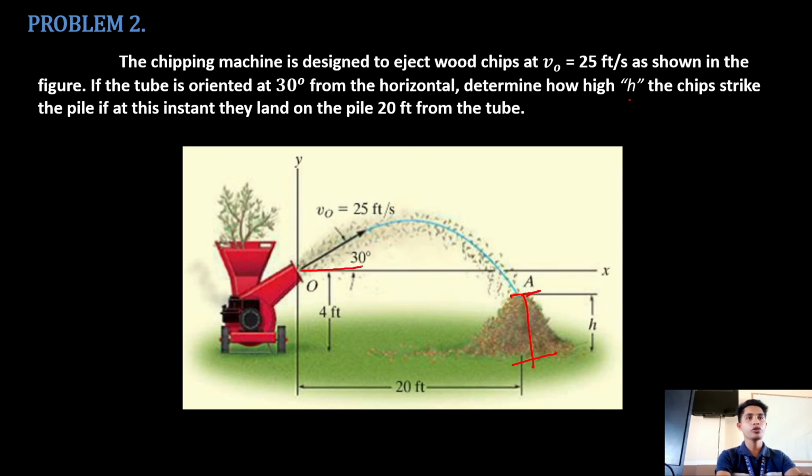Kailangan natin makompute yung kanyang horizontal component at vertical component, using trigonometry. Ito ay 25 cosine 30 and this 25 sine 30. Nilagay ko na dyan yung figure. Lagay natin yung mga given, which is yung gravitational acceleration is 32.2 feet per second squared.